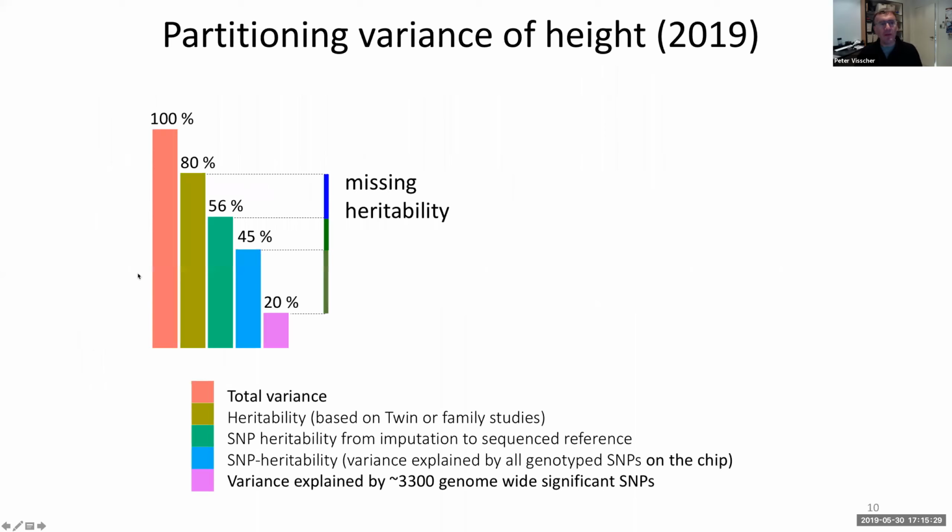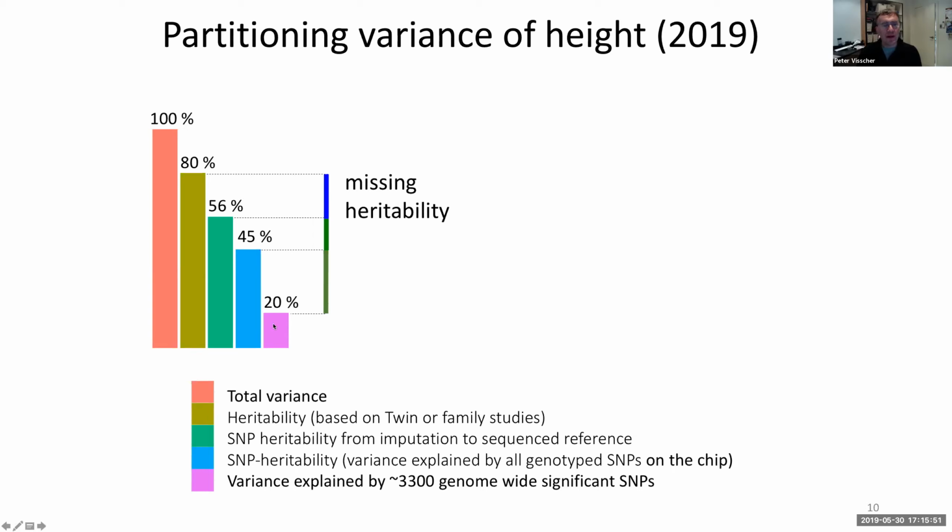So here's my summary of where we are with genetic architecture for a model trait, human height. And this, to my knowledge, is the most up-to-date one. So first of all, pedigree and other studies suggest that by and large, the heritability of height is about 80%.